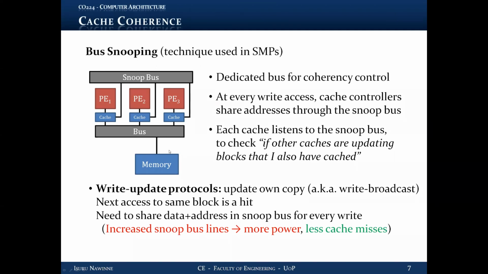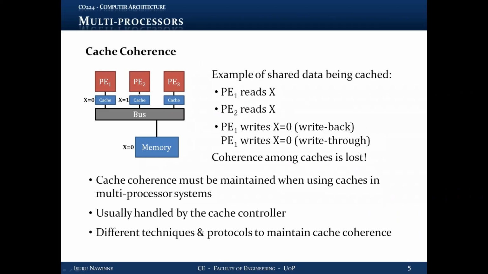If processing element 2 in our previous example is going to access the same data, same address, the data here will already have been updated and still marked as valid, because when PE1 wrote the value 0 to the address X, the cache controller there has already broadcasted X equals 0 through the Snoop bus to the other cache controllers.